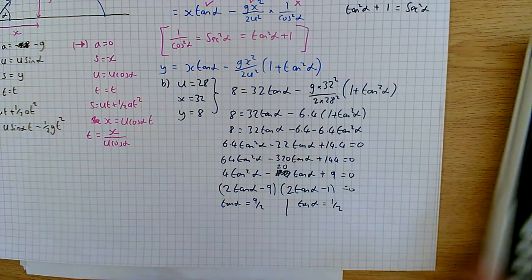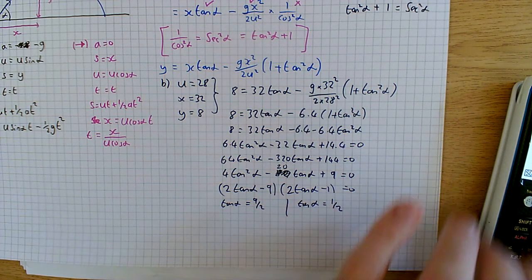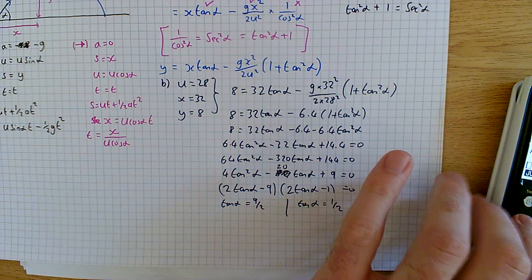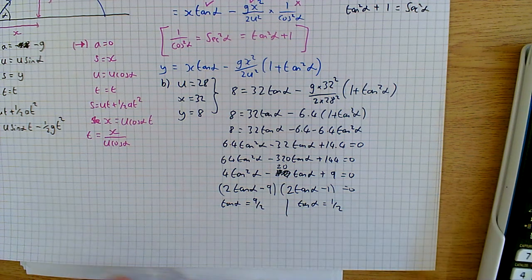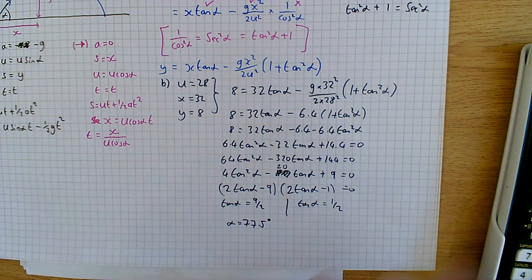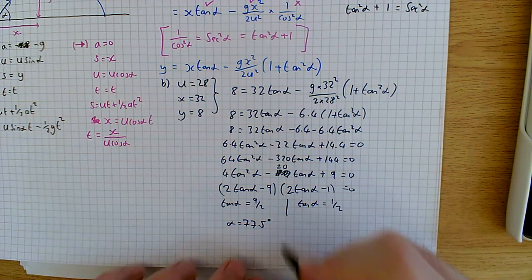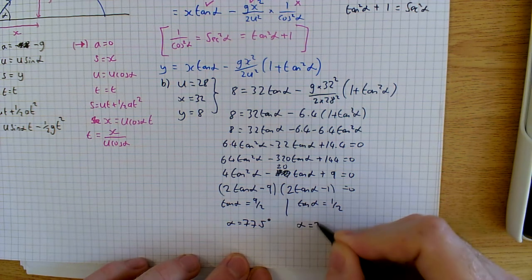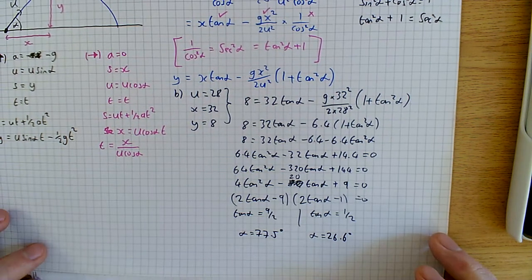Then we can just do inverse tan on each of them and we should get our two values of alpha. Inverse tan of 4.5 gives you 77.5, and the other one, inverse tan of 0.5, gives you 26.6 degrees. So there are two possible angles of projection.